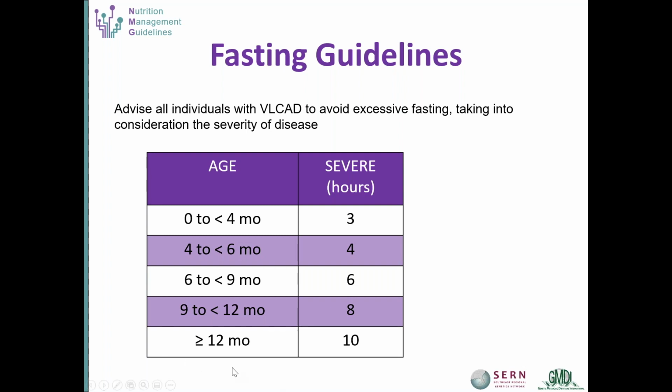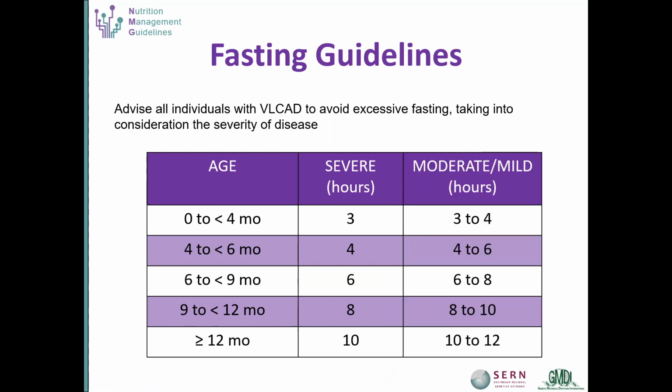But we have different age groups. For the severe phenotype, these are the hours that we are allowing as maximum fasting time. And then for moderate or mild phenotypes, the range is longer. We often allow a longer fasting time in those with milder forms of the disorder.